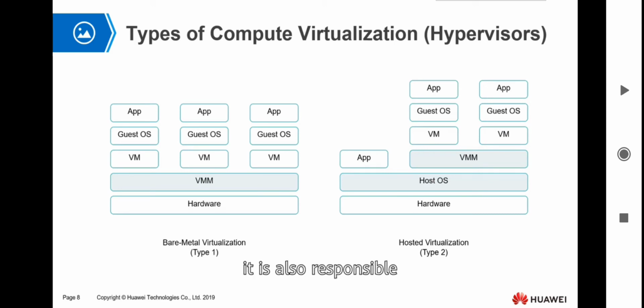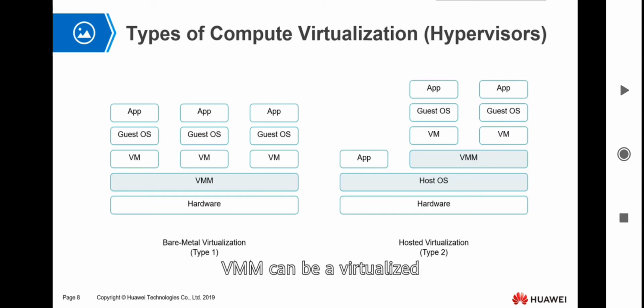it is also responsible for processing virtual machine requests and scheduling, and the processing result of the physical hardware is returned to the corresponding virtual machine. In other words, the hypervisor will be responsible for managing all resources and virtual environments.